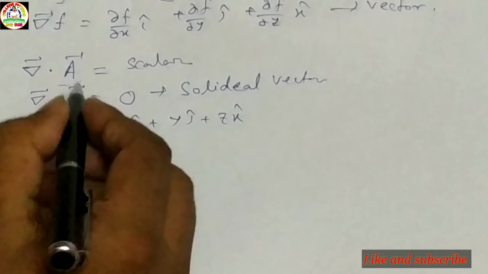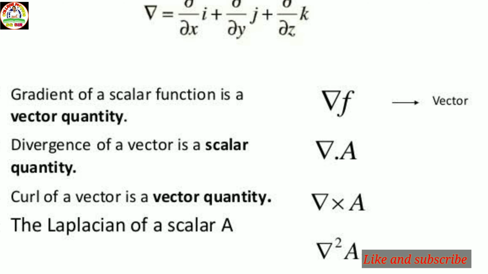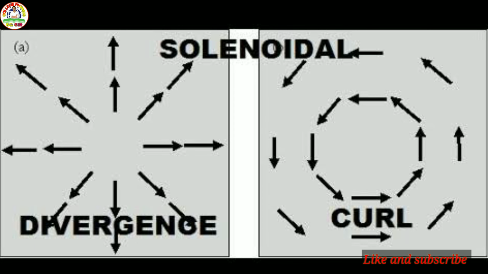Now, if A is a vector and we operate on it by the del operator, then divergence of vector A is a scalar function. And remember, if divergence of a vector equals 0, then that vector is called a solenoidal vector.